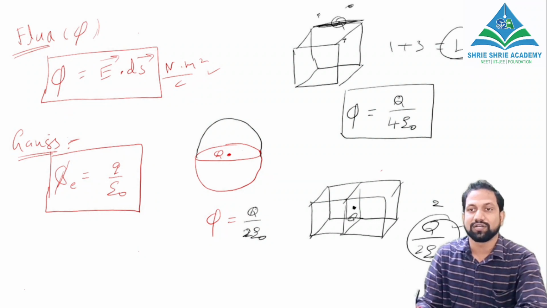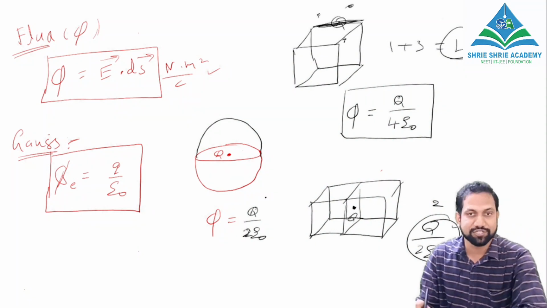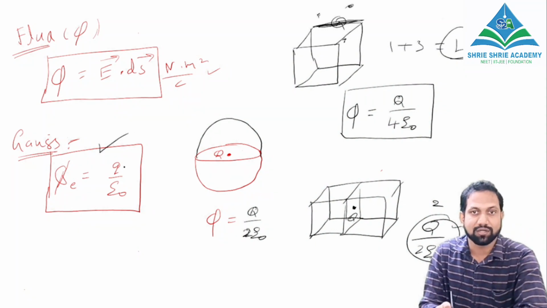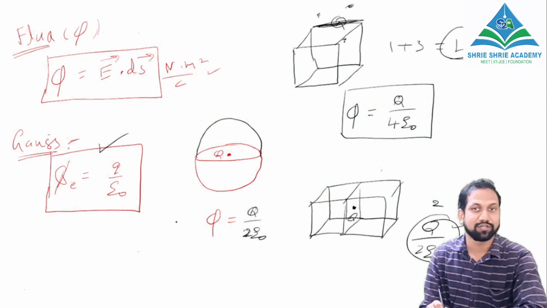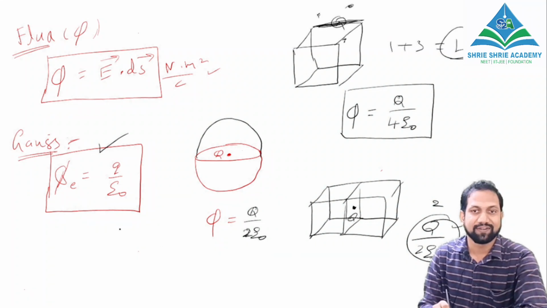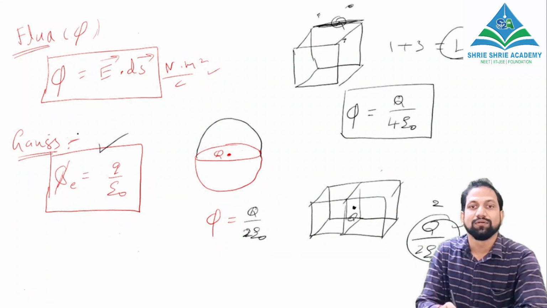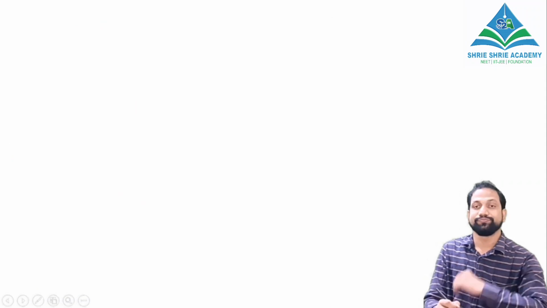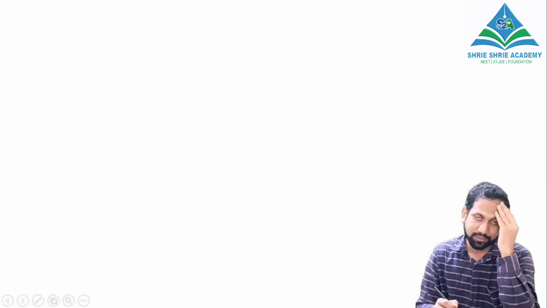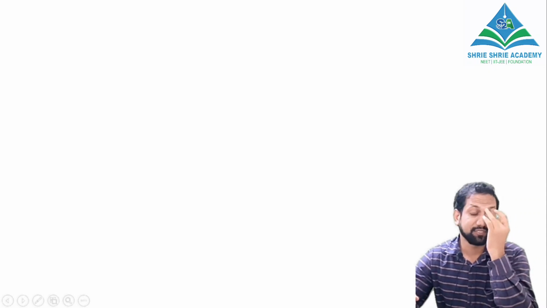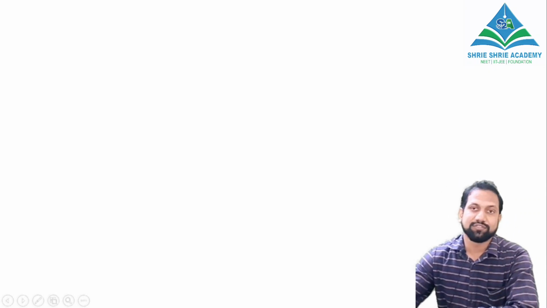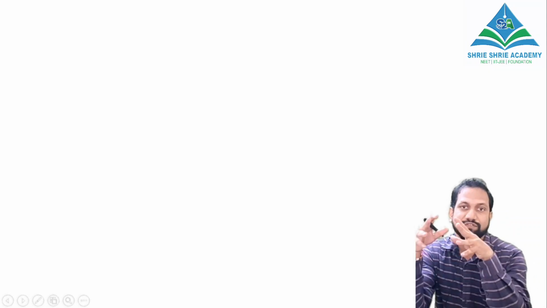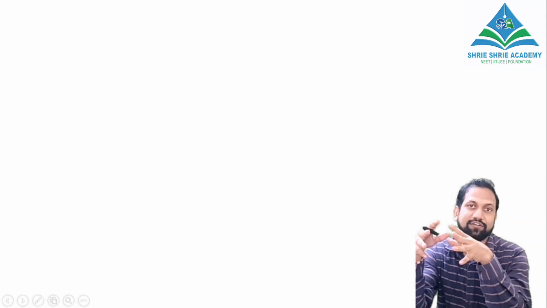I hope you got the clarity on this, and my intention is that you should not neglect Gauss law, because from there you can get problems. Next, coming to the next topic, once Gauss law is completed, it is the derivation of the electric field using Gauss law.